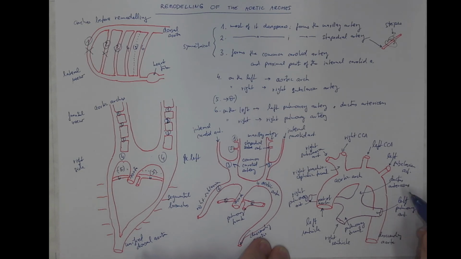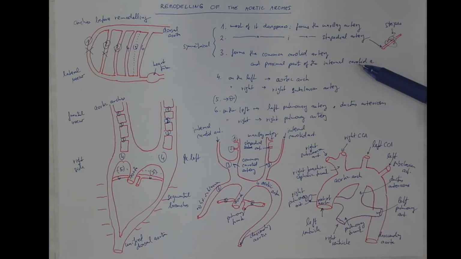This is only a temporary connection, that after birth is spastic, and then it's turned to a fibrous cord called ligamentum arteriosum.